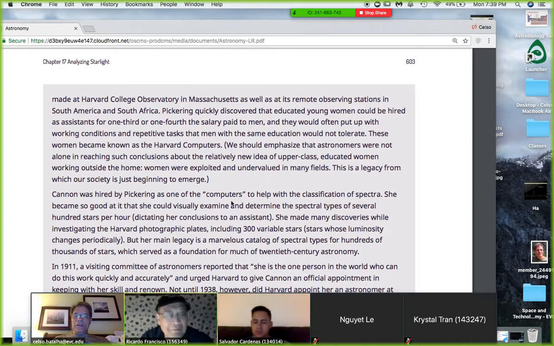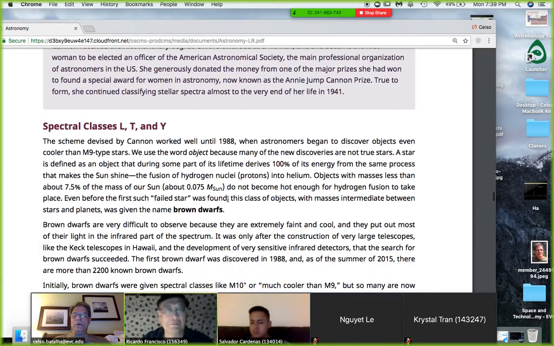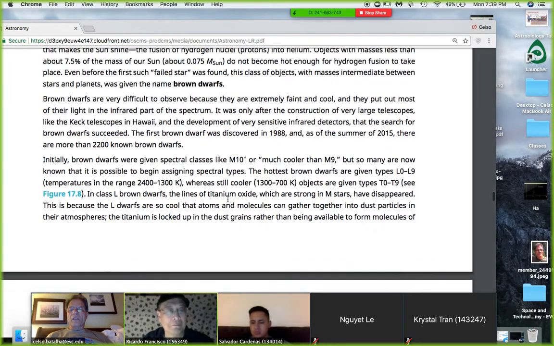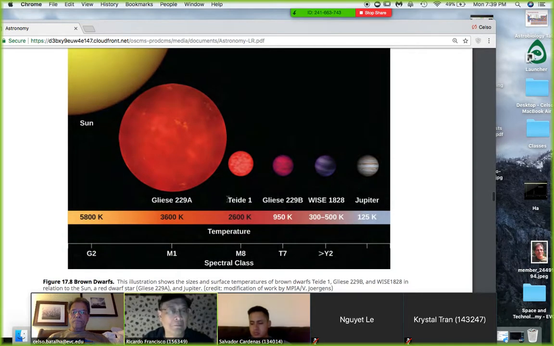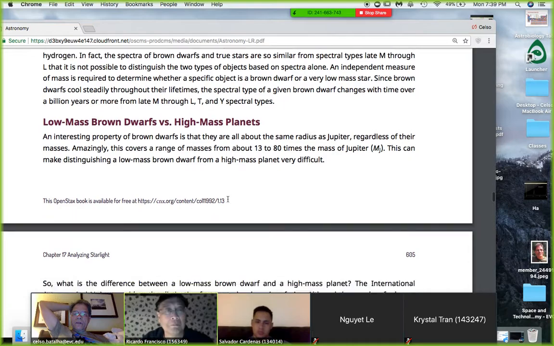And they were referred to as computers, the Harvard computers, because that's what they did, and they did it very well. So we owe them the spectral classification of stars. And that's pretty much how it goes.